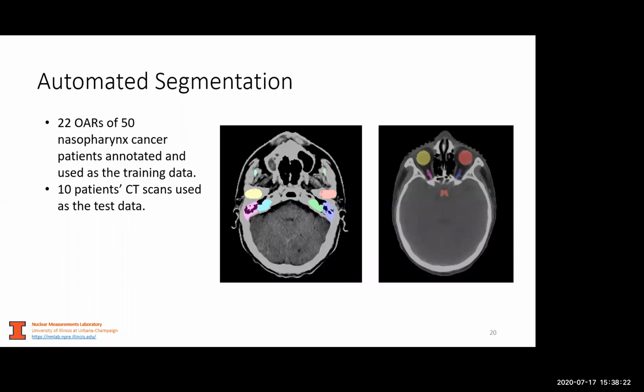This means that a radiologist had already labeled these areas correctly. And these 50 images were used to train a convolutional neural network that was then used to automatically segment the regions. And then 10 patients' CT scans were used to test our algorithm.